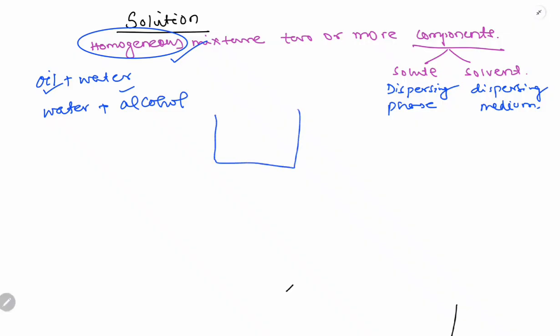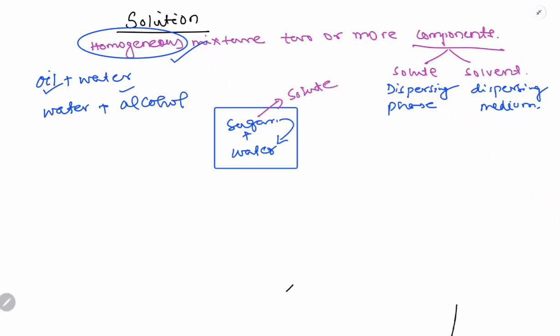Consider I have taken a container which contains water plus sugar. Here I can clearly see that sugar will be dissolved in water. That's why sugar is treated as solute and water will be treated as solvent, and the mixture will be called solution.